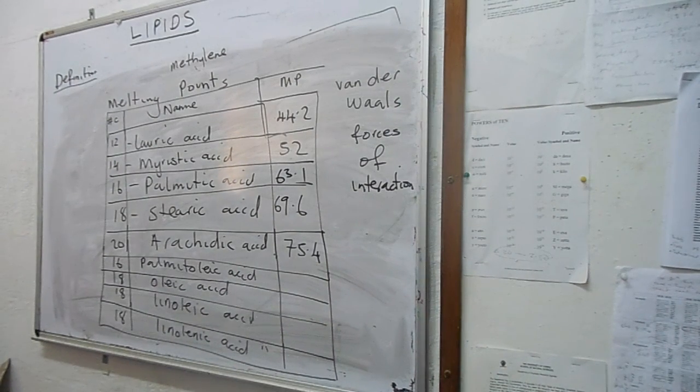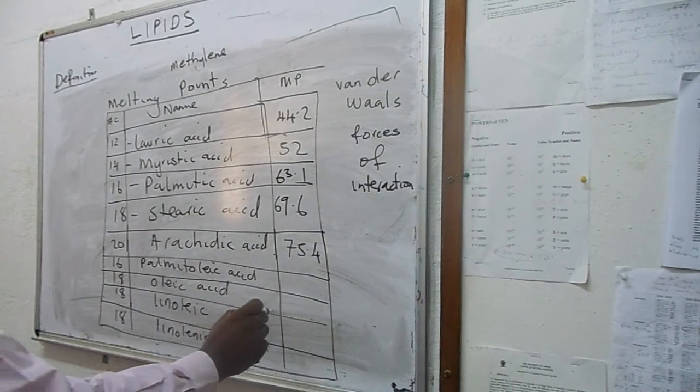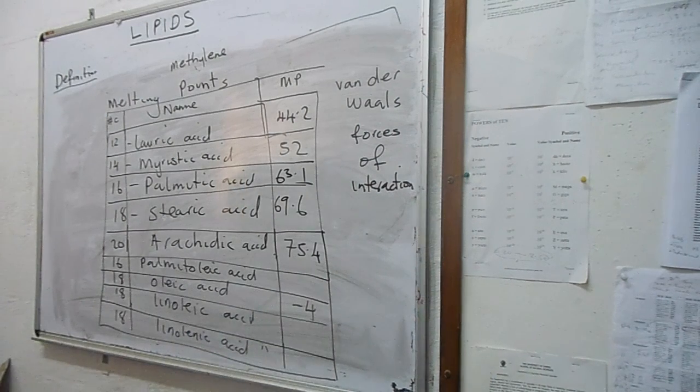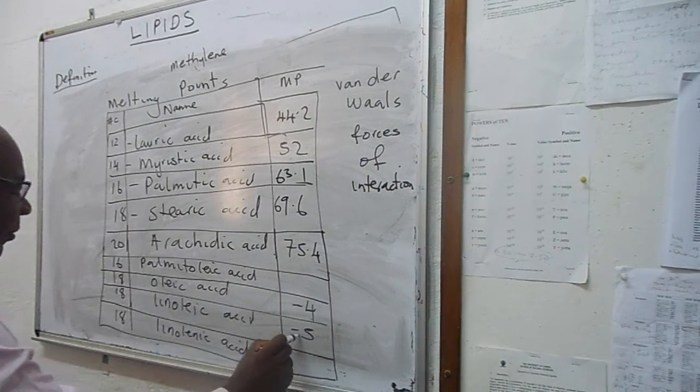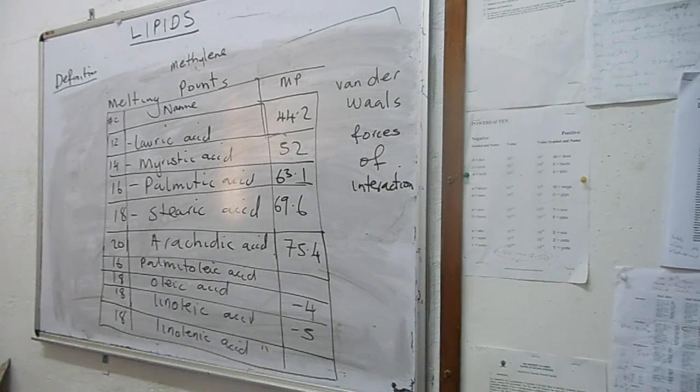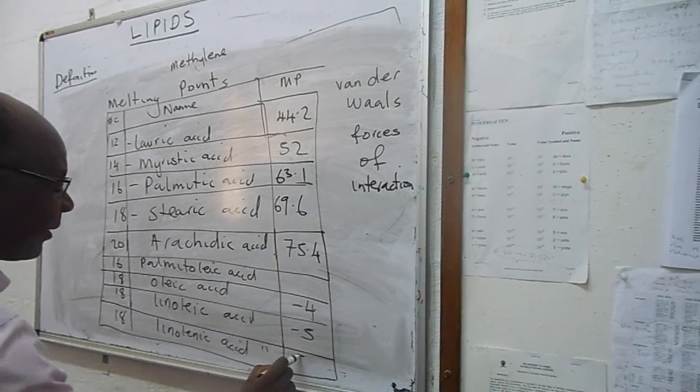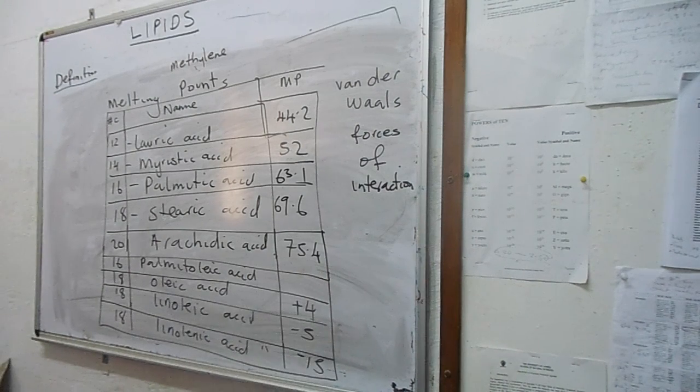Now, when you look at the double bonds of these fatty acids, oleic acid will be 4 degrees Celsius. Linoleic acid is minus 5 degrees Celsius. Linolenic acid is minus 15. It's plus 15 actually, plus 4.